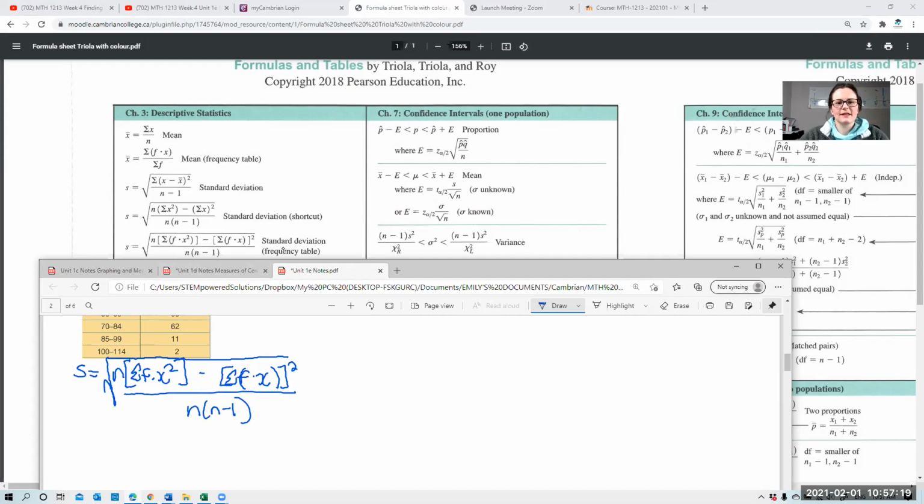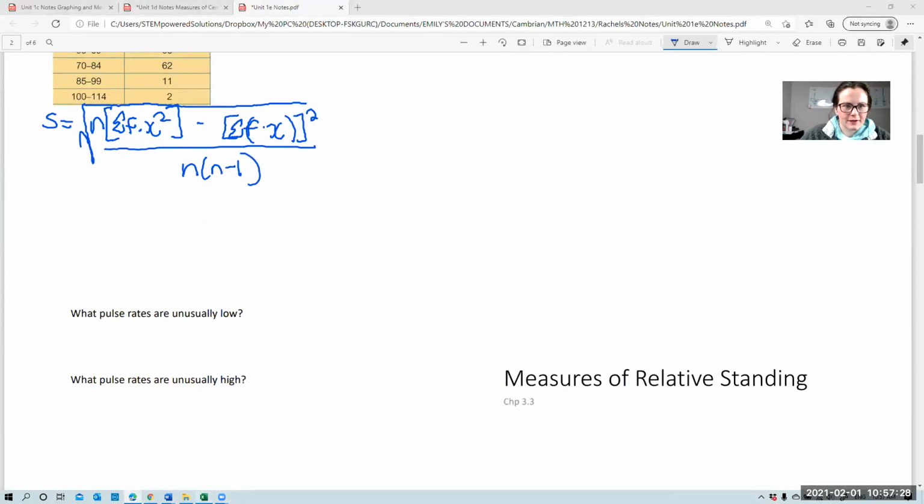I just have to make sure that I'm using the right values. So back over to Excel.